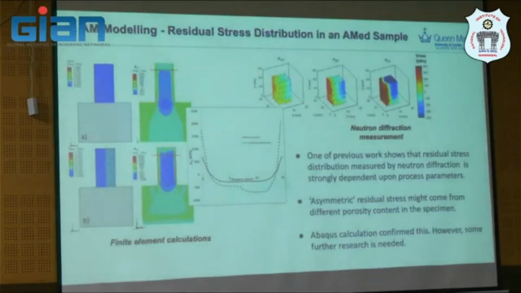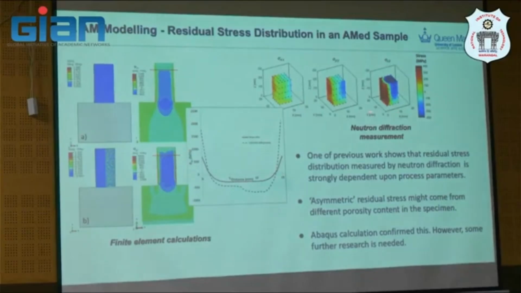Another level is residual stress distribution. Life is so complicated in AM, and the stress distribution evident by neutron diffraction at Oak Ridge National Lab is no longer symmetric because of the process that I mentioned earlier.